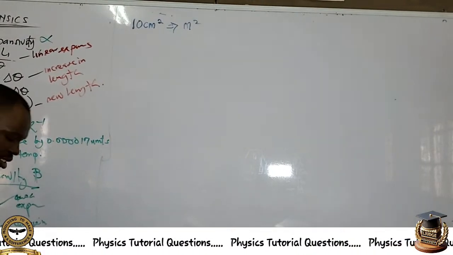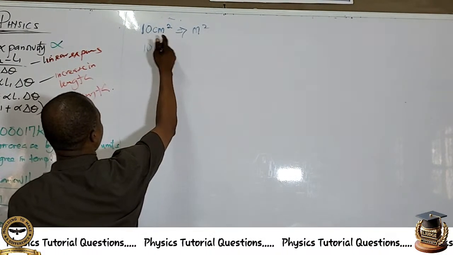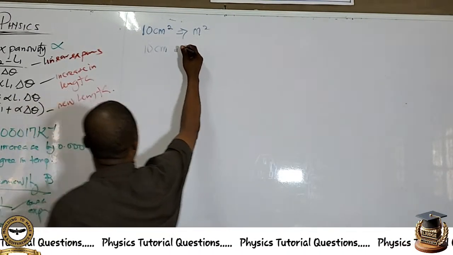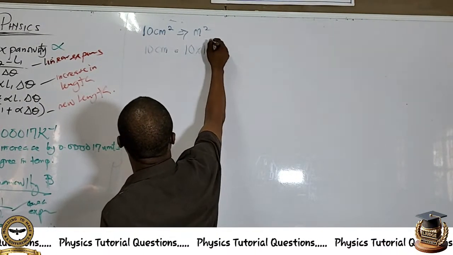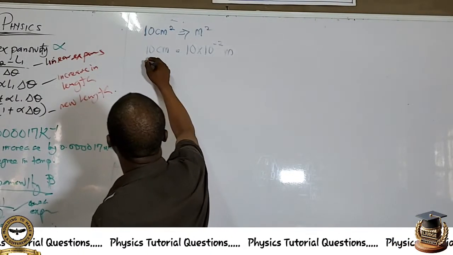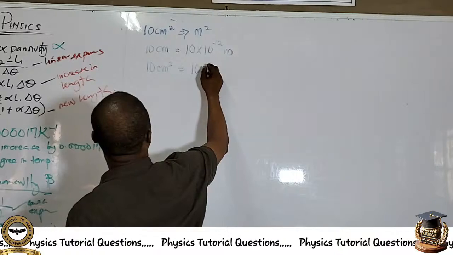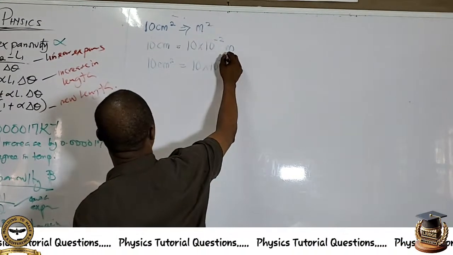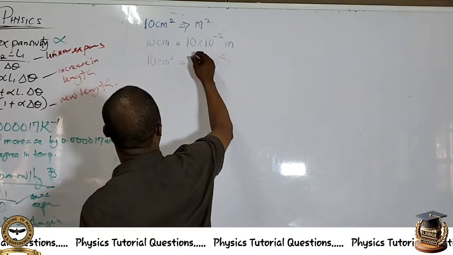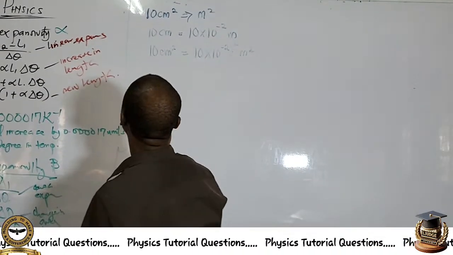So how do we do that? 10 centimeters means we are talking about 10 times 10 raised to minus 2. Centi is 10 raised to minus 2 meters. So if I say 10 centimeters squared, it is like saying 10 times 10 raised to minus 2, squared, meters squared.